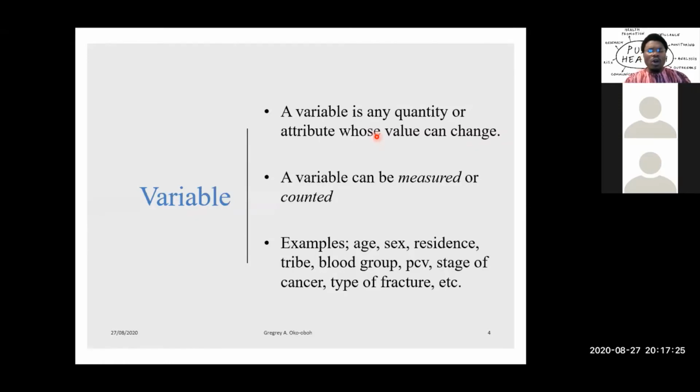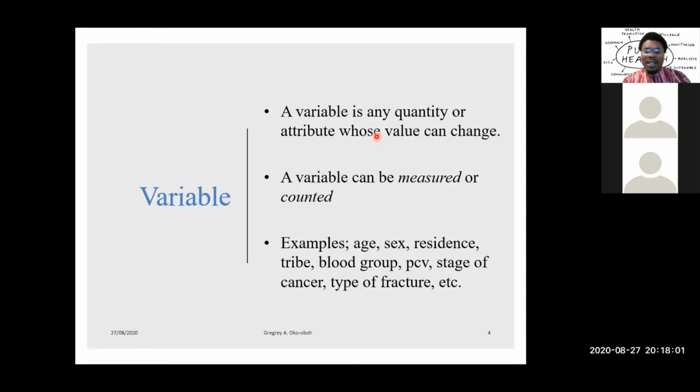So by definition, almost everything in our known reality could fall into that definition of variable, because they can assume different values at different times in different places, okay? So a variable is any quantity or attribute whose value can change. Any attribute, any entity that has that inherent nature to change its value falls into the definition of a variable.